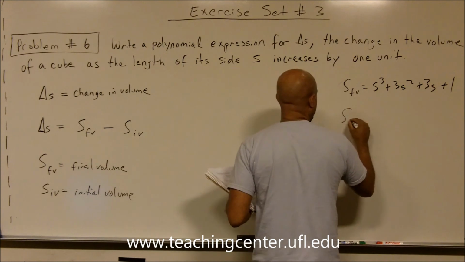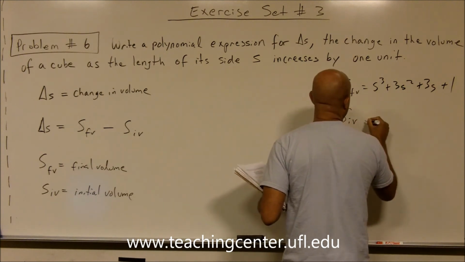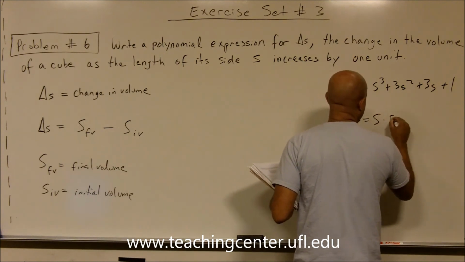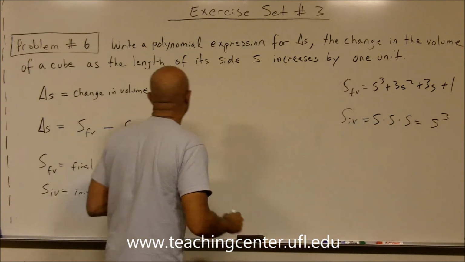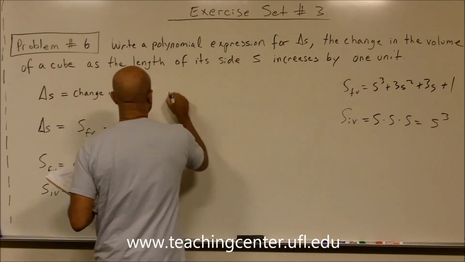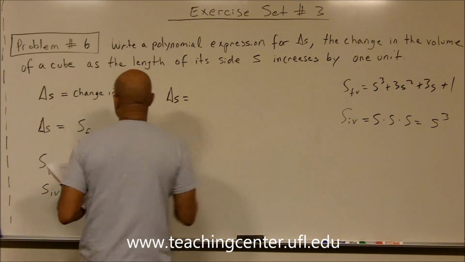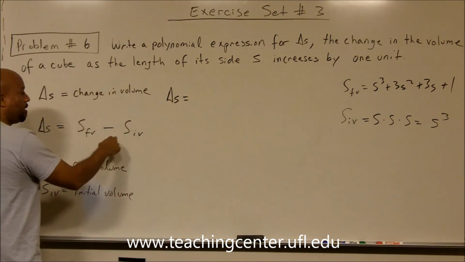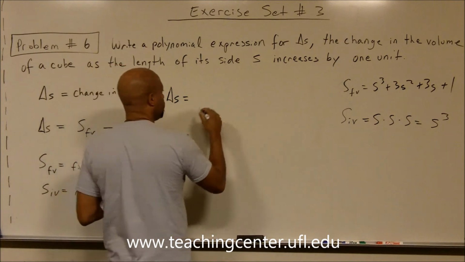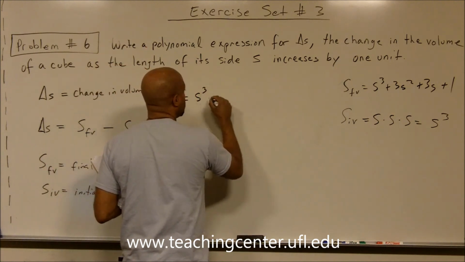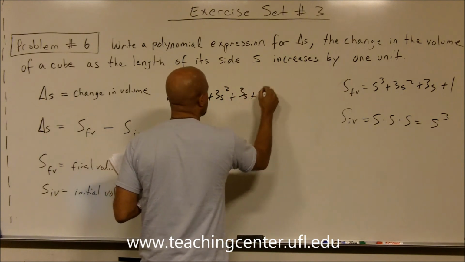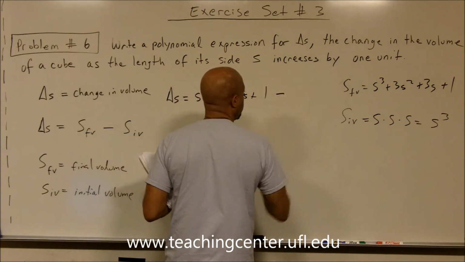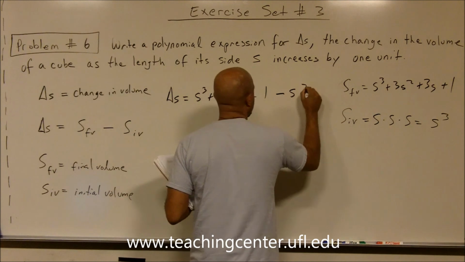And so we know that the initial volume is going to be S times S times S, which is S cubed. All right, and so now we know that delta S is going to be the final volume minus the initial volume. So we'll have the final volume, which is S cubed plus 3S squared plus 3S plus 1, minus the initial volume, which is S cubed.